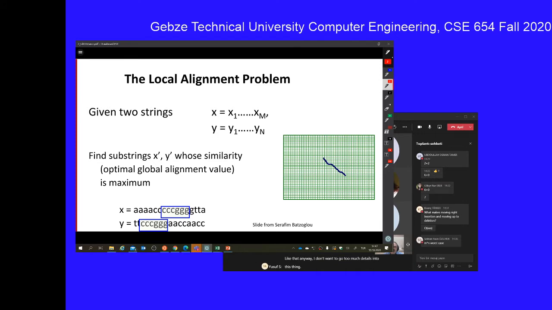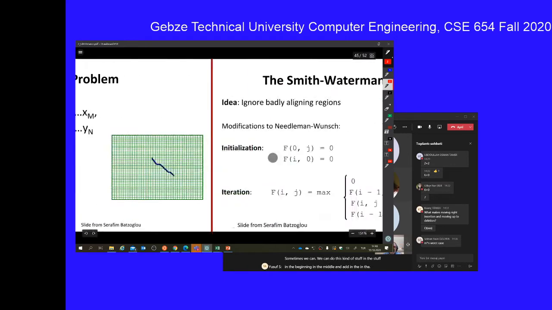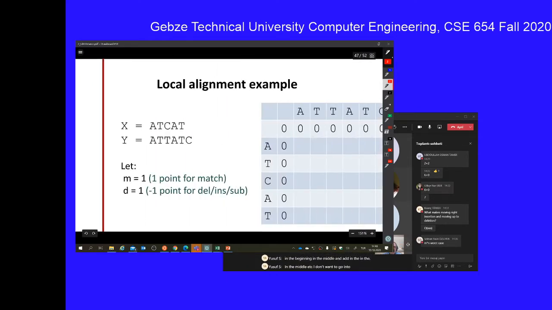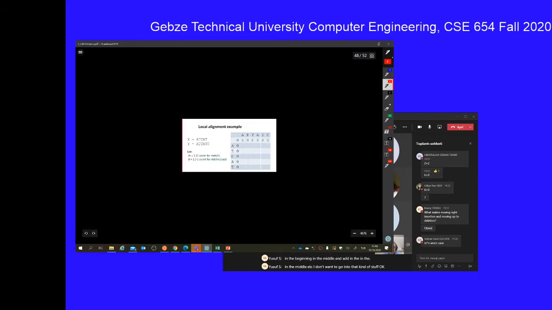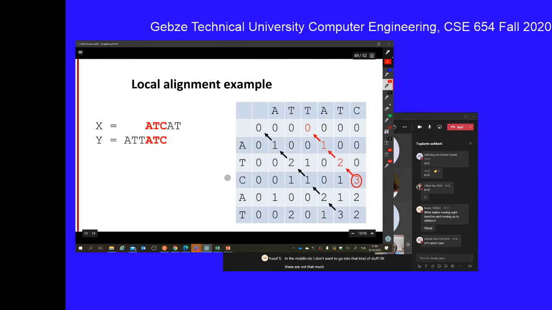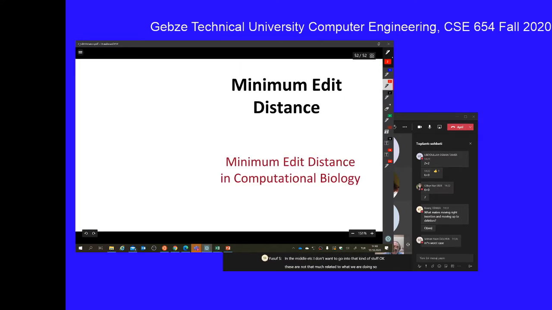Sometimes we can do this kind of stuff in the beginning, in the middle, etc. I don't want to go into that. These are not that much related to what we are doing. So that's it for the edit distance.